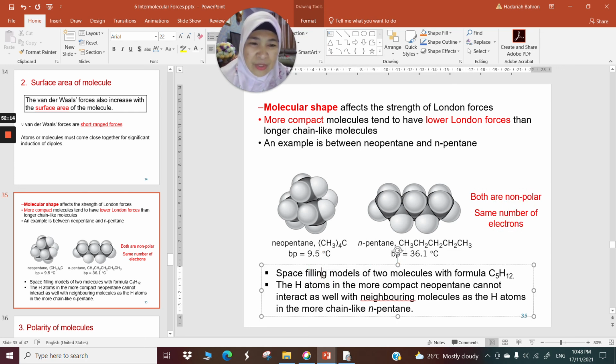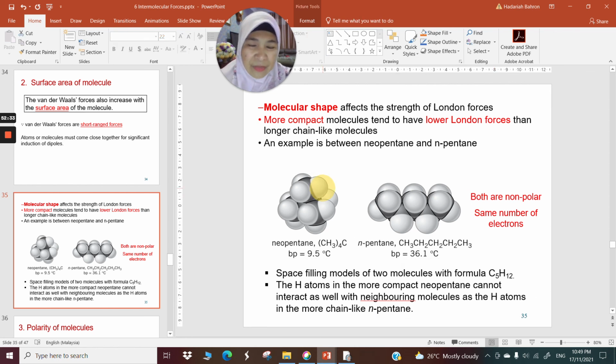The space-filling models are shown here. The hydrogen atoms in the more compact neopentane cannot interact as well with the neighboring molecule as the hydrogens in the more chain-like n-pentane. So these hydrogens are not going to be interacting very well. It's going to have a lower boiling point compared to n-pentane. Neopentane has less London forces compared to n-pentane because of the open shape of n-pentane compared to the closed shape of neopentane.